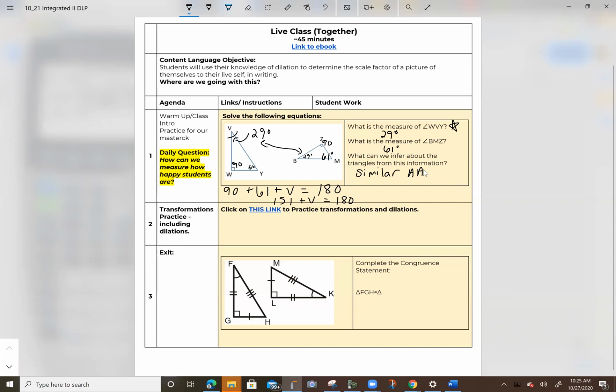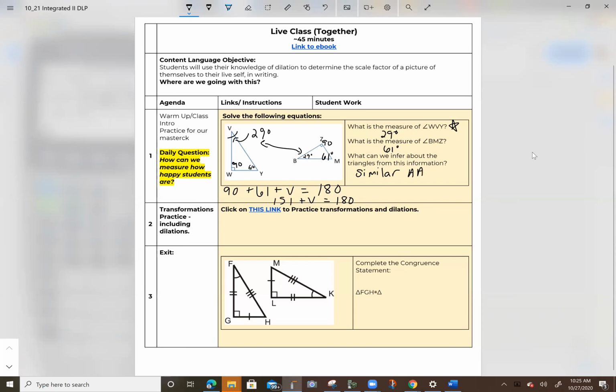To be congruent, they'd have to have the same exact side lengths. Now, it looks like one of these triangles is smaller, so it looks like they couldn't be congruent. But a lot of times in math, we are not drawing to scale. So no matter what it looks like, you cannot assume, unless it tells you a number, how long things are.